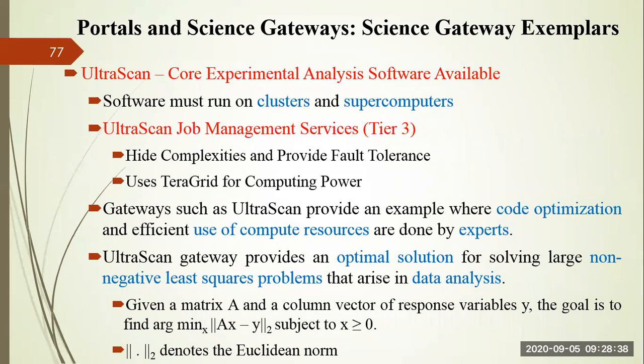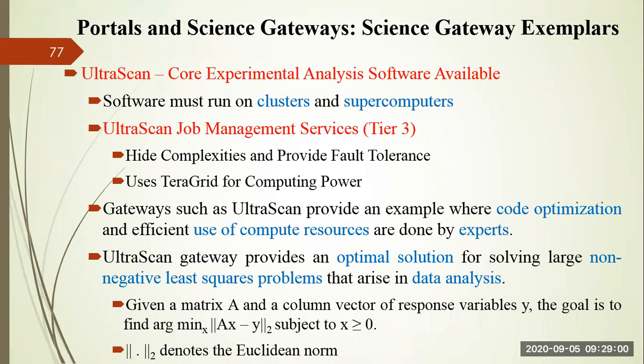It also uses tier 3, whatever we discussed, that is called your job management services. This job management service reduces your complexity and provides fault tolerance, right? If any particular resource fails, it will migrate the work from one resource to another so that the fault can be mitigated.